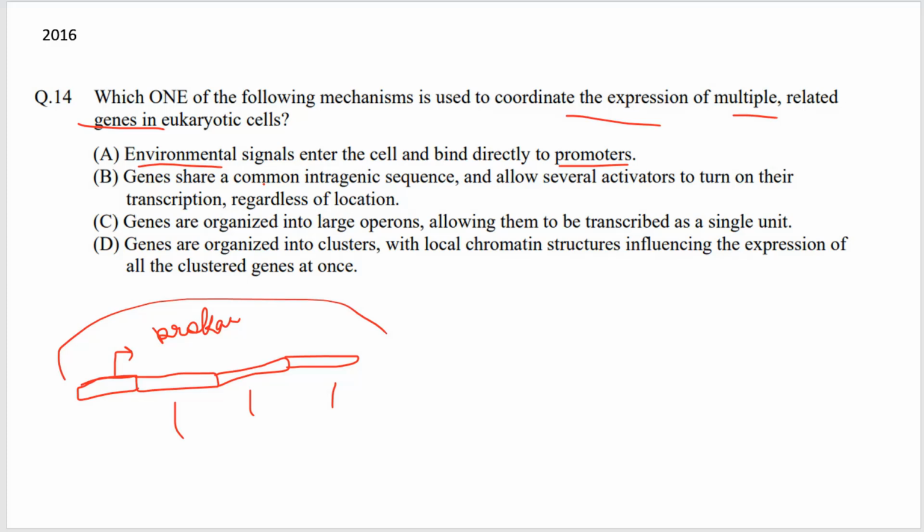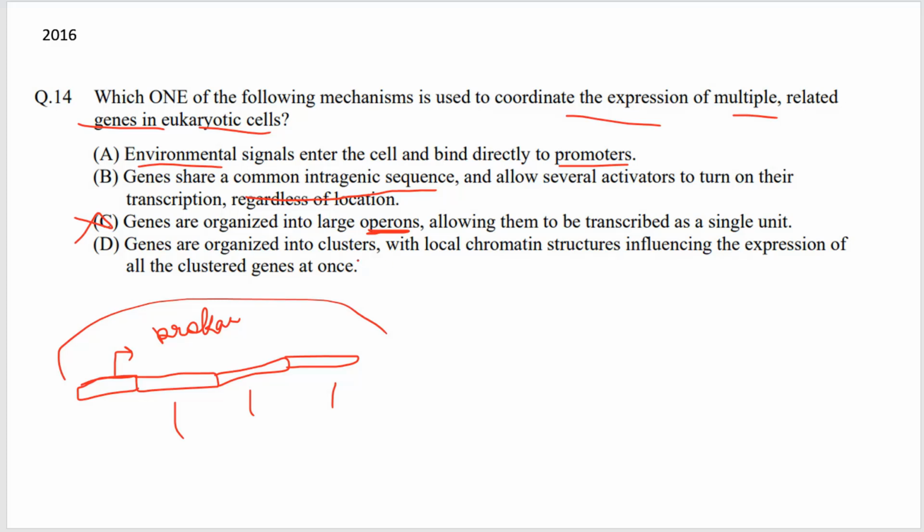Third, genes are organized into large operons, allowing them to be transcribed into a single unit. This option is wrong because we know that operons do not exist in eukaryotic cells. So, this is wrong.